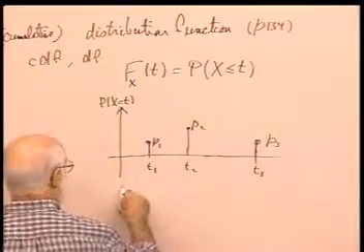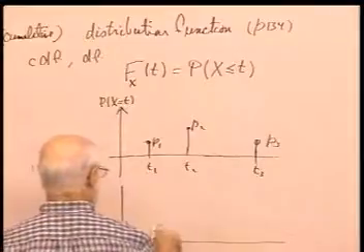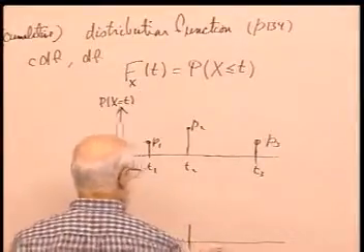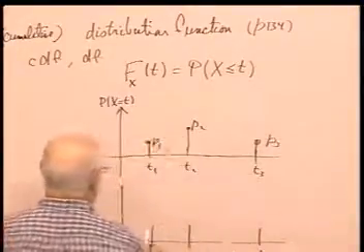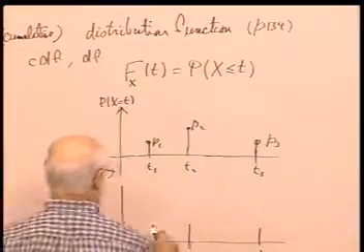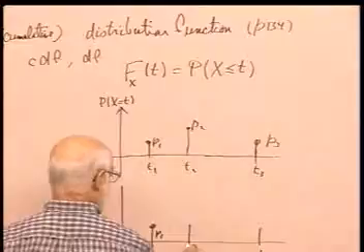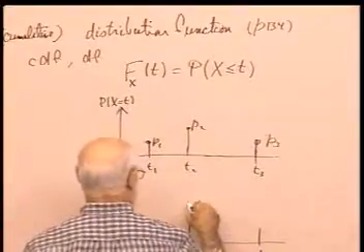Now, the distribution function for that, in this case where we have 3 possible values, we would have jumps at T1 and T2 and T3. The height of the jump right here would be P1, and the height here would be P1 plus P2 because I would add to it that value.